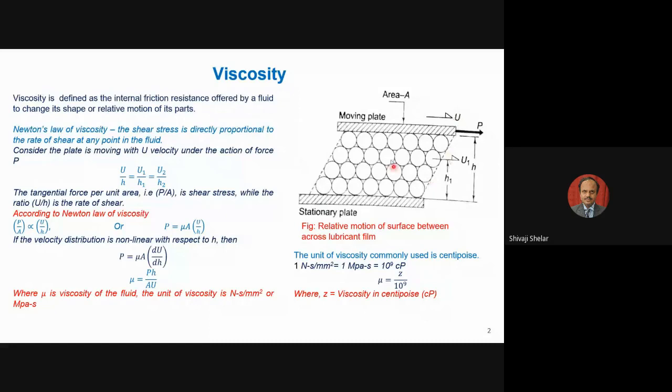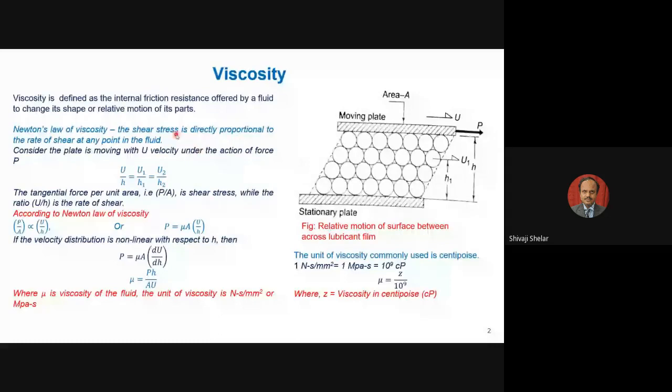Based on this, these molecules will offer resistance to the flow of this plate. That resistance is called viscosity. To define and evaluate this resistance, Newton proposed a theory called Newton's law of viscosity. In that, he states that the shear stress is directly proportional to the rate of shear at any point in the fluid. This is a statement in words.